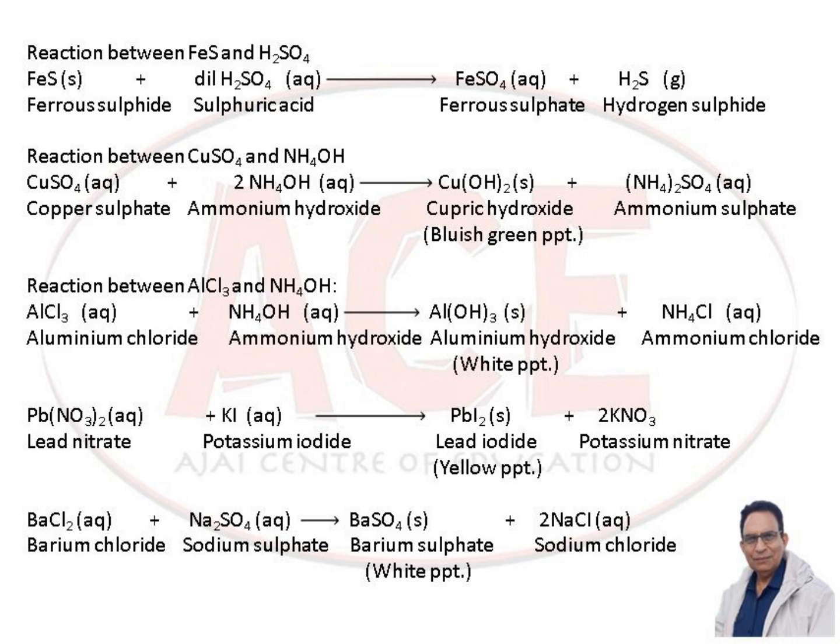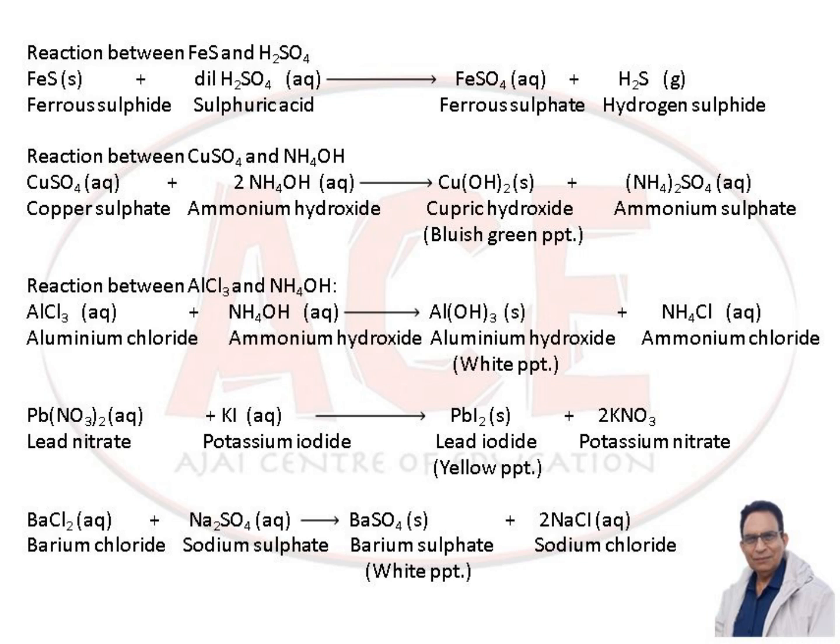More reactions of double displacement. Pb(NO3)2, this is lead nitrate, reacting with KI, potassium iodide, gives PbI2, lead iodide, this is plumbous iodide, which is of yellow color, and another compound which you get is KNO3, that is potassium nitrate.